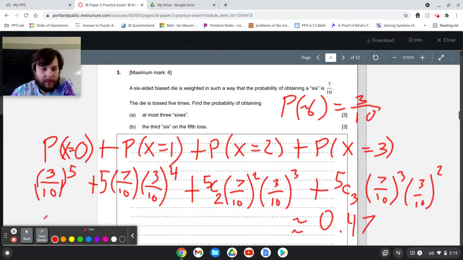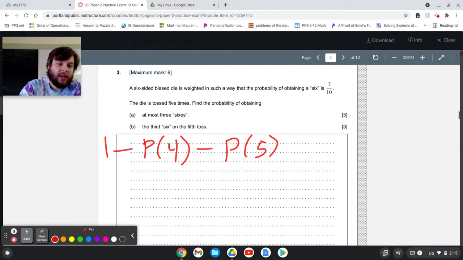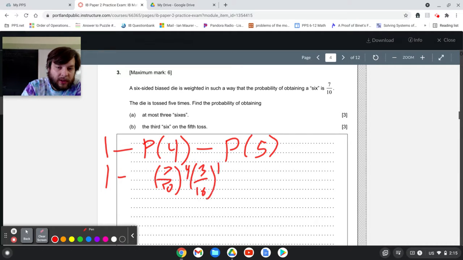I'll show you the other way to do it, which is that at most 3 would be 1 minus the probability of getting 4 6s minus the probability of getting 5 6s. And this takes slightly fewer calculations. If you have 4 sixes, you have 7/10 to the fourth times 3/10 to the first power. There are 5 ways that could happen. And the probability of getting all 5 sixes is just 7/10 to the fifth power.